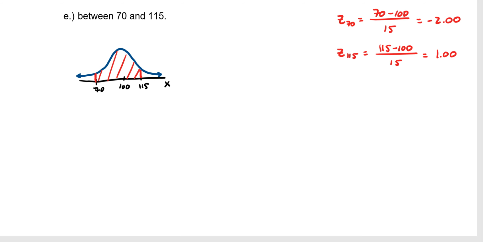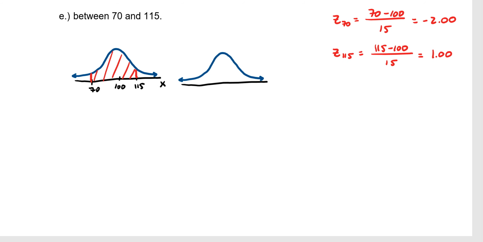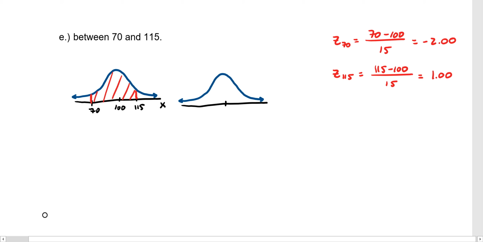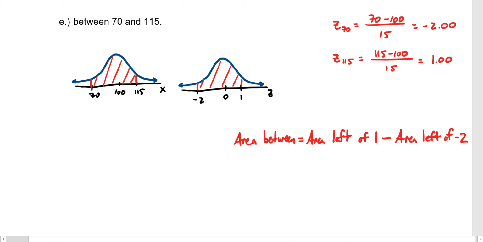And let's go ahead and fill that in on the curve. So for the z's, we have 0 here, 1 right here, -2 over here. Shade in the area between them, verify that it's the same area as the other one, which it is. So since we're looking for the area between, we need to do the area to the left of the larger one minus the area to the left of the smaller one.